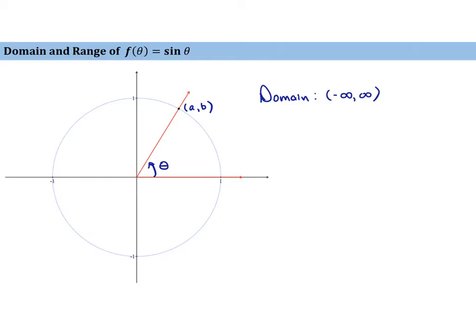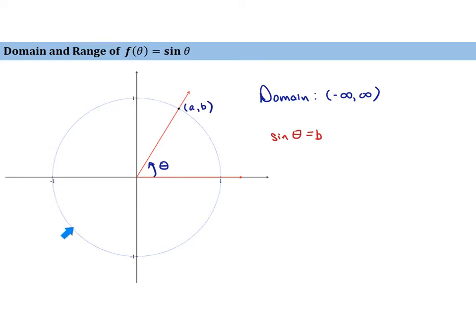Well, what about the range? If you think about the fact that B is the output of the sine function, so sine of theta equals B, what are the values that B can take on? Well, B is restricted to being the y value of this circle. So where can B go?